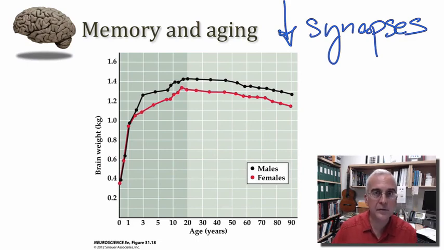Thereafter, the decline in synapses is not nearly so steep, but it is an ongoing process. Now, in adolescent life, the pruning of synapses, the decline in overall synaptic density, is part of normal, healthy development. It's a consolidation of networks that are responsible for who we are as unique human beings.